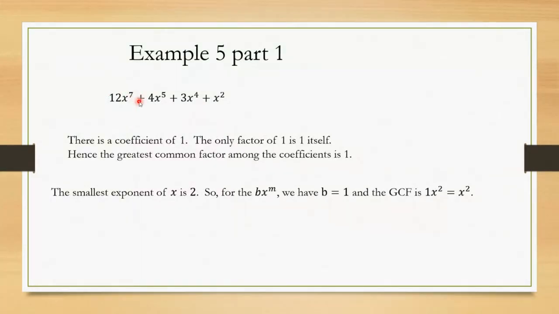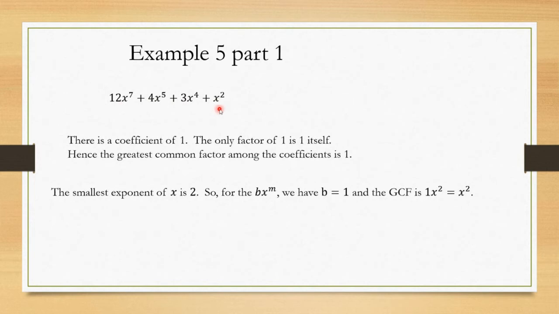Okay. So notice right away, there's a coefficient of 1. Oh, excuse me, I said that wrong. The only factor of 1 is just 1 itself. But that tells us the GCF, the greatest common factor of the coefficients, has to be 1.